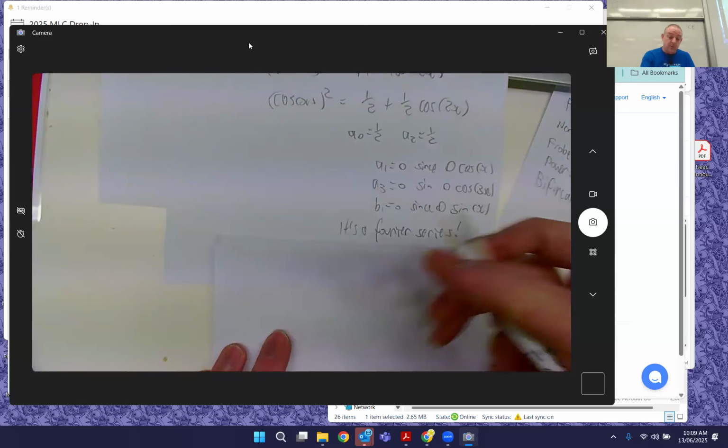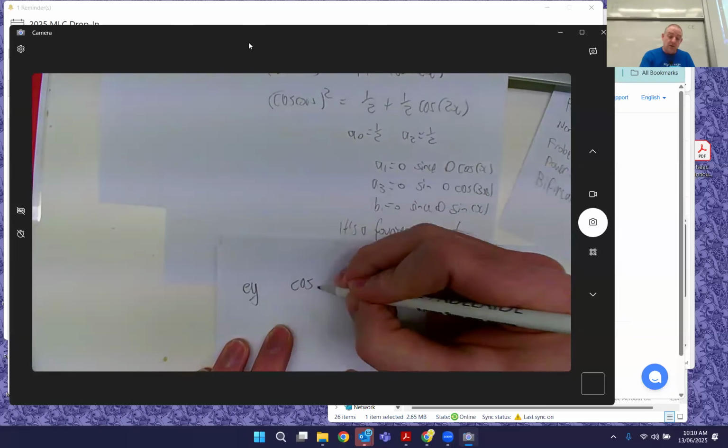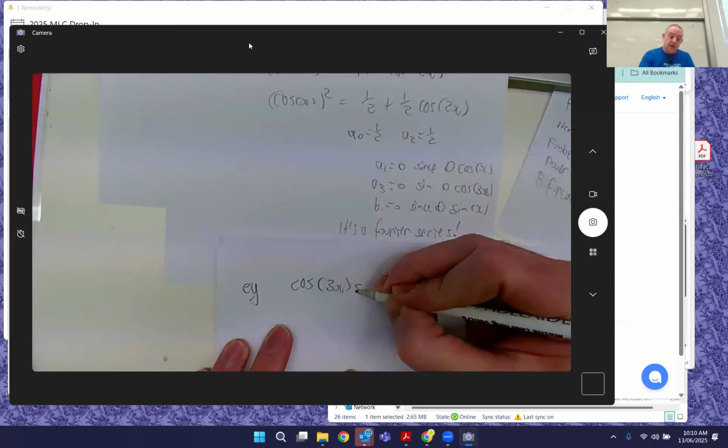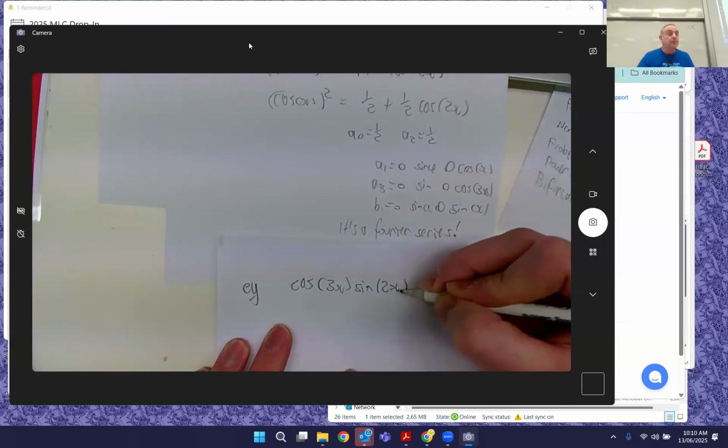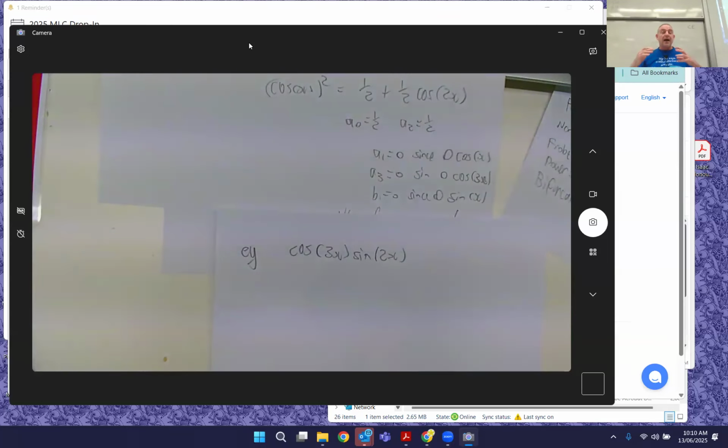So for example, if I had cos of 3x, sine of 2x, I can rewrite that as something cos of something x plus something sine of something else. I can do that if I want. And you don't have to know how to do this, but I just wanted to point it out, and I'm going to do it anyway.